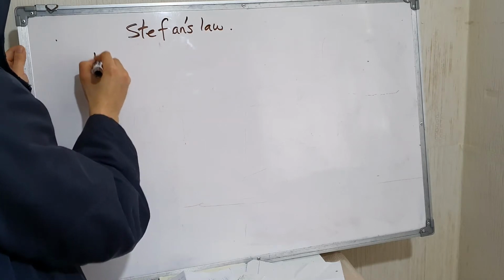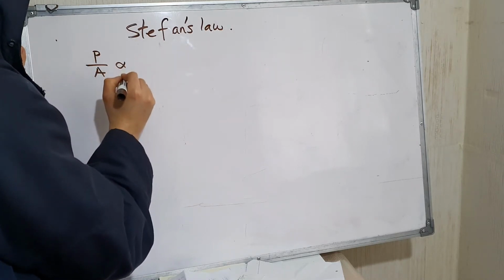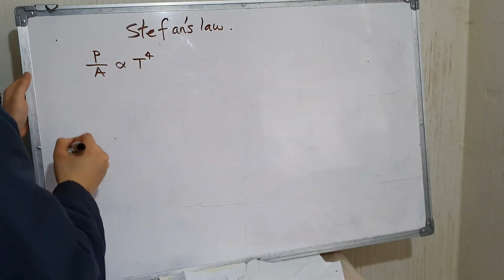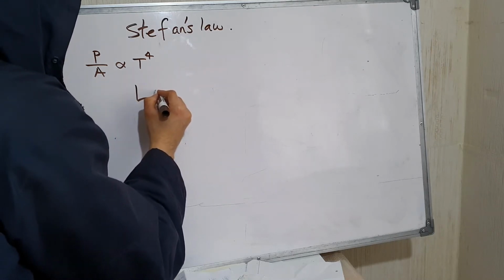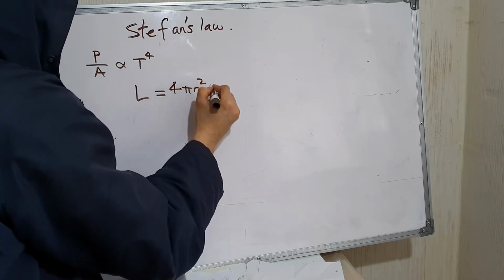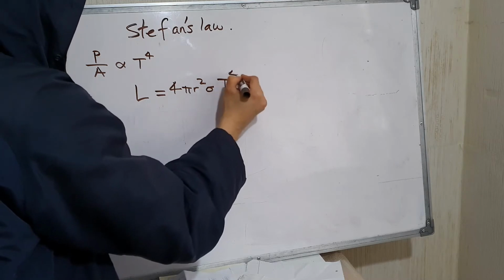What it says is that the power per area is proportional to the temperature to the power of 4. Now the actual equation is that the luminosity is equal to 4 pi r squared sigma, because that's the constant, and then times T to the power of 4.